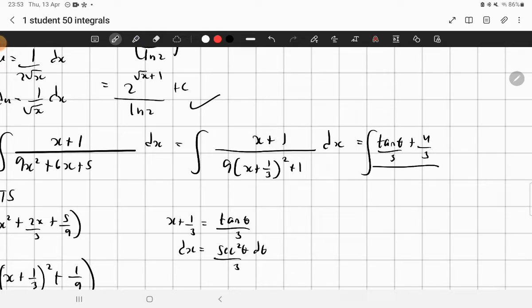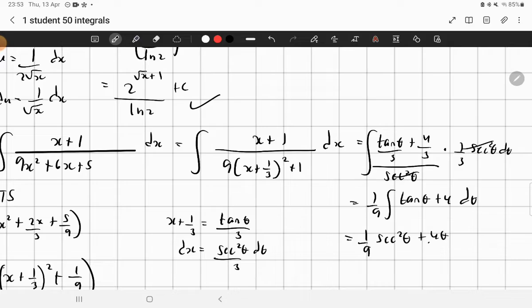Here I'm going to skip a few steps. Secant squared theta times 1 over 3 secant squared theta d theta, simplify it, and 1 over 9 with tangent theta plus 4. Very nice, it looks promising. So 1 over 9 secant squared theta plus 4 theta over 9 plus c.